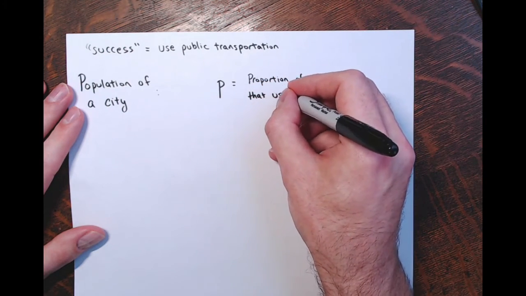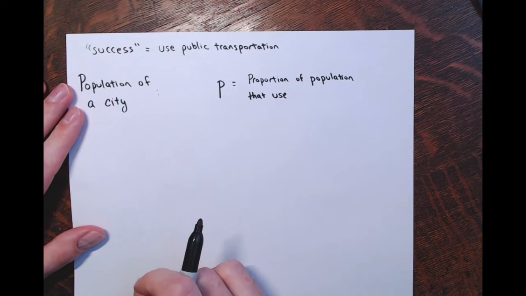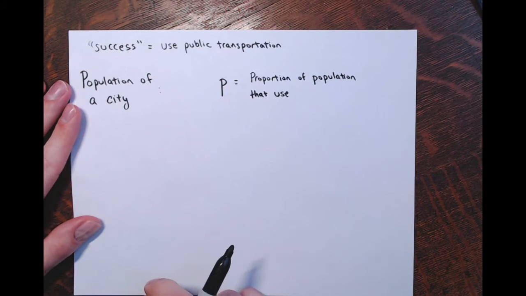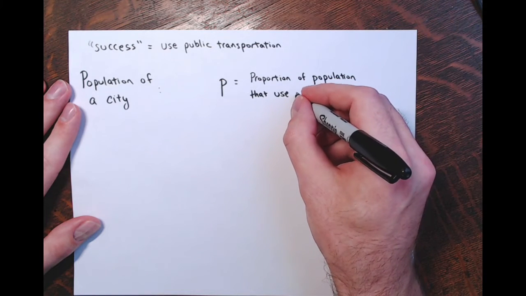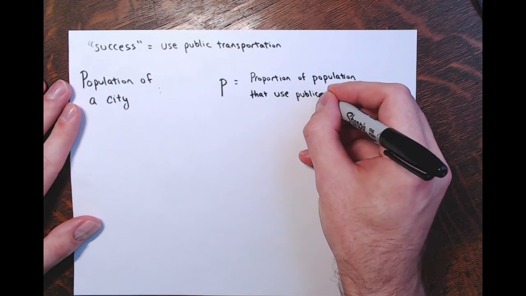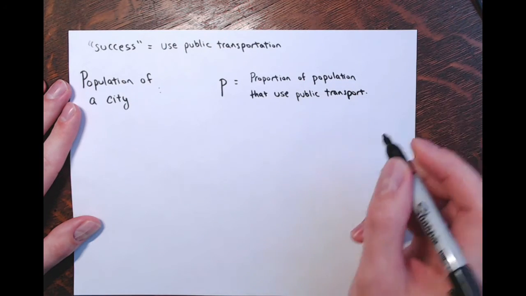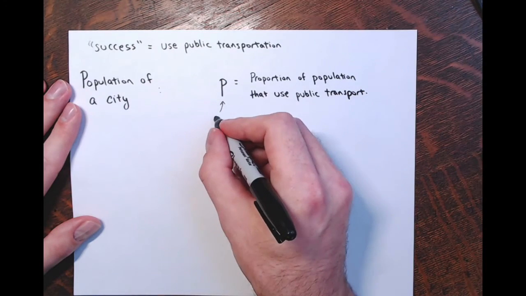And we're trying to guess what this is with an interval. We're going to guess that the value of p is somewhere in this range, somewhere in some interval. So again, this is unknown.